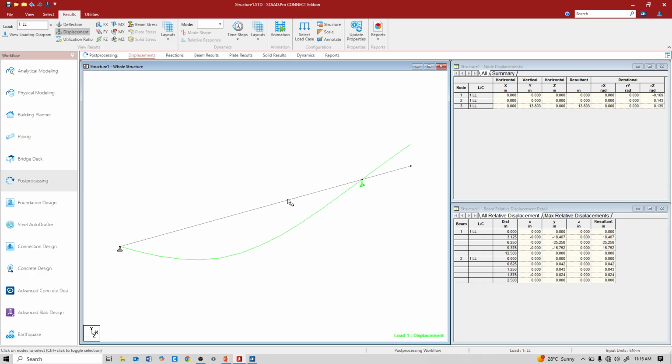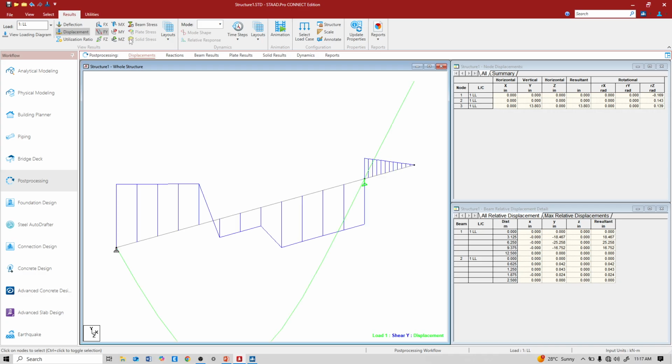See how deflection occurs. Next is FZ, that means shear. See this shear shape. See, our shear shape matches with that.